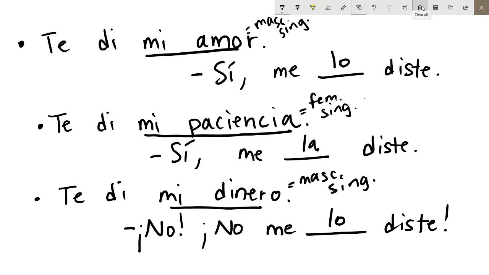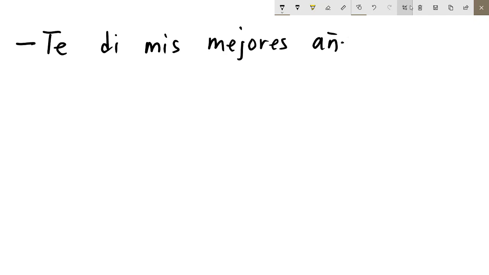So let's try the last one, which is plural. So this person says, te di mis mejores años. Te di mis mejores años. I gave you my best years. Best years. Oh boy. Let's say the person is wanting to make up now. They don't want to say something like, yeah, of course you gave it to me. No, they want to say, no, what are you talking about?